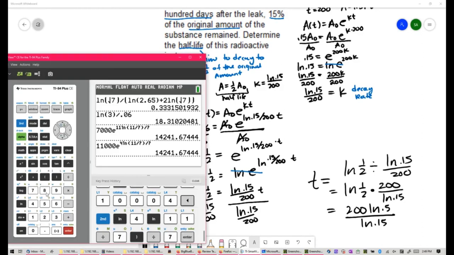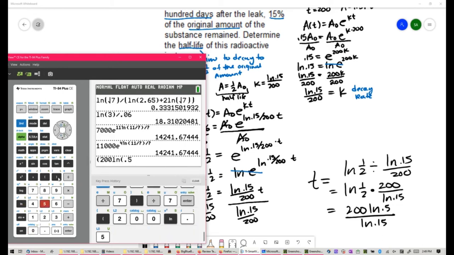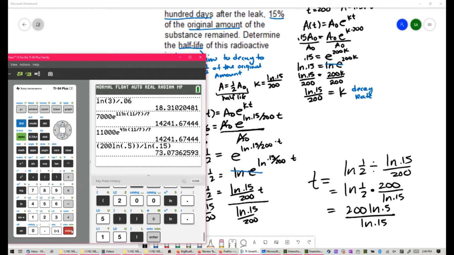So we're going to put parentheses around the numerator, 200 natural log of 0.5 divided by natural log of 0.15. So it would take 73 days to decay to half of what you started with. So we have a half-life of approximately 73 days.